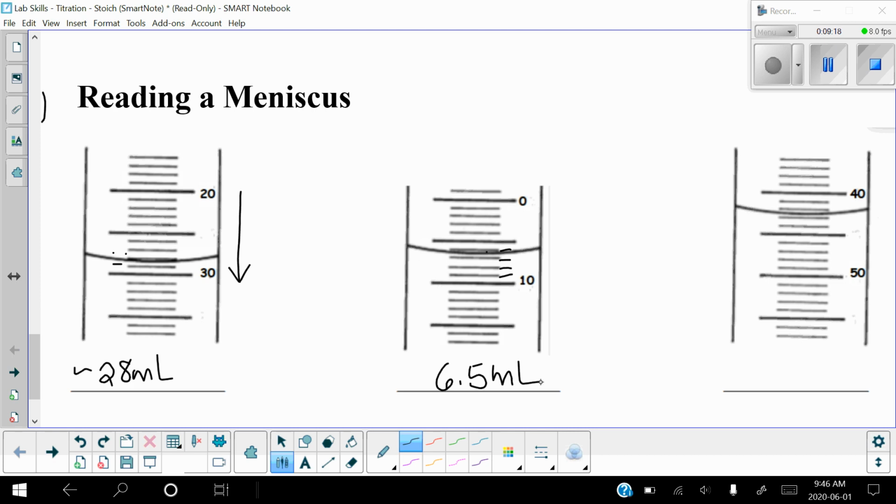The next one, we see that it's clearly hitting between two lines. We need to figure out that line. So this here is actually 45, 46. Sorry, we're going backwards. 44, 43, 42. So it's in between 42 and 43. So this would be 42.5 milliliters.